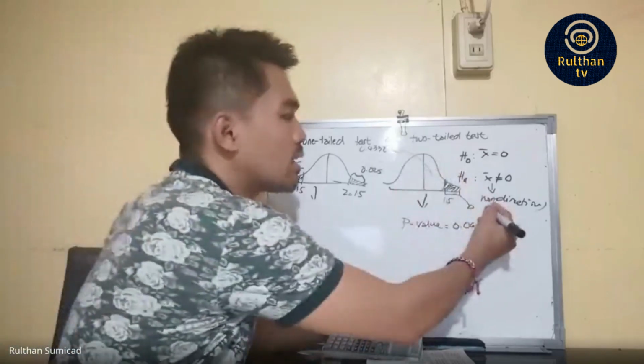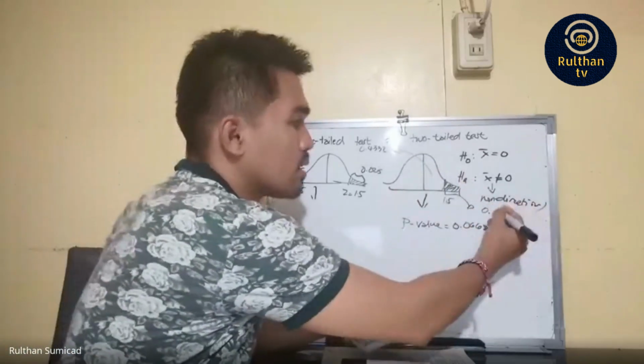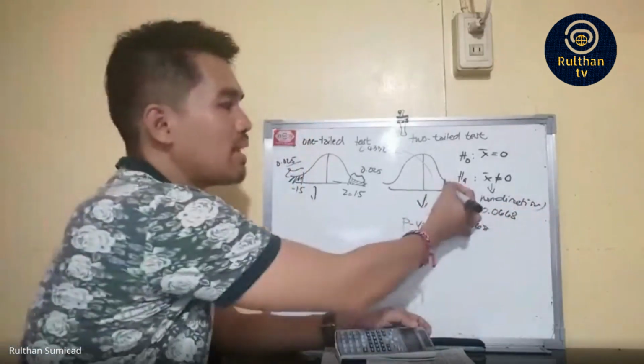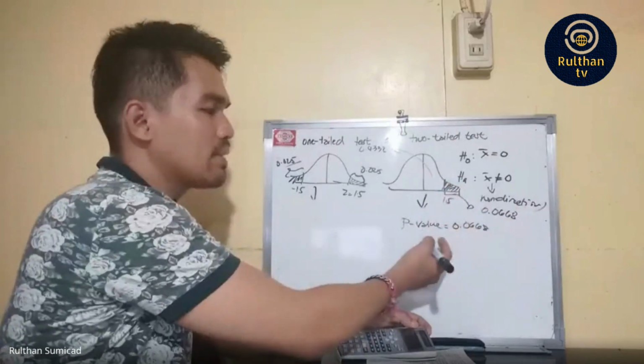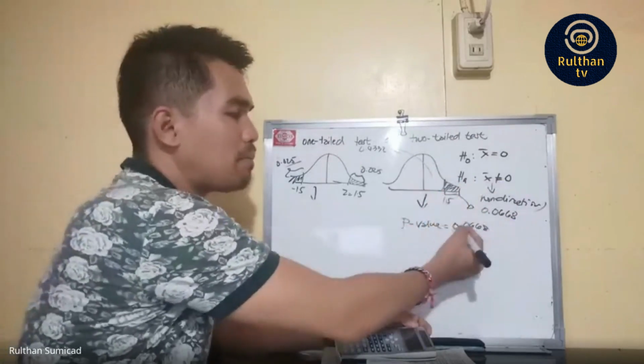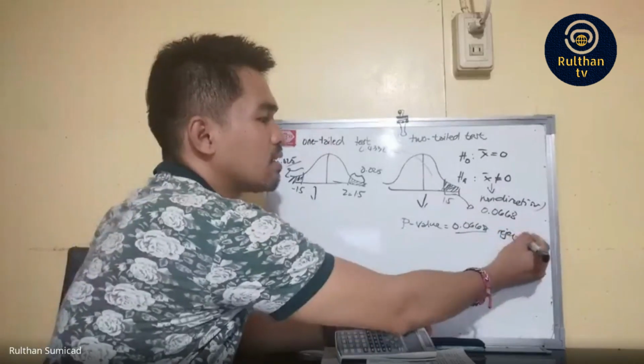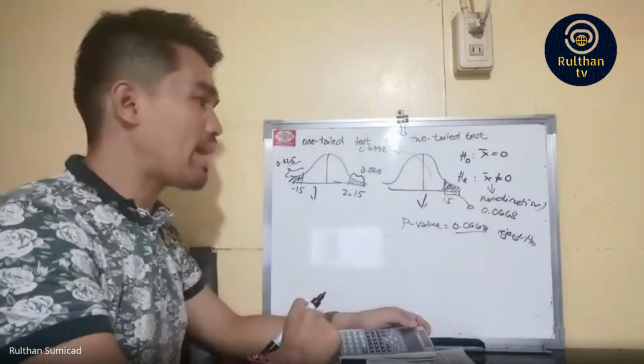This is 0.0668. So at this level, in a one-tailed test, in that area, if the p-value is this one, we can reject H0. Take note of that.